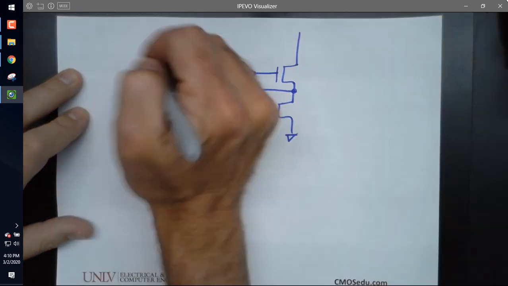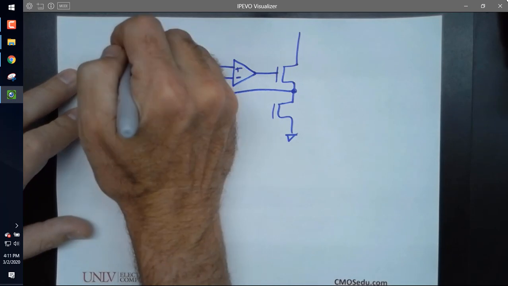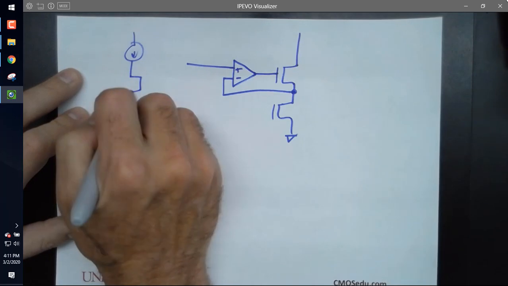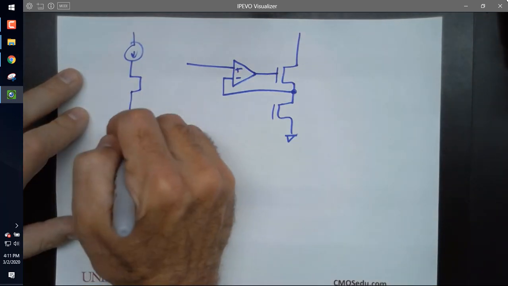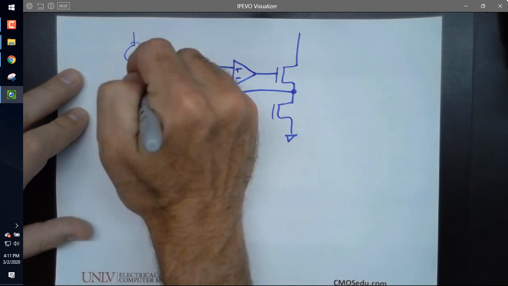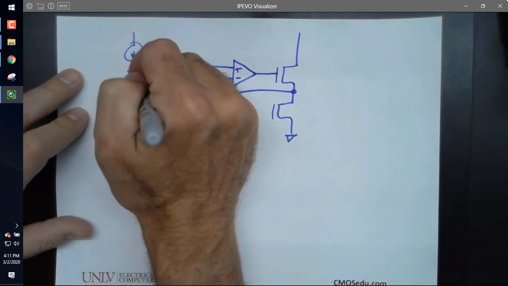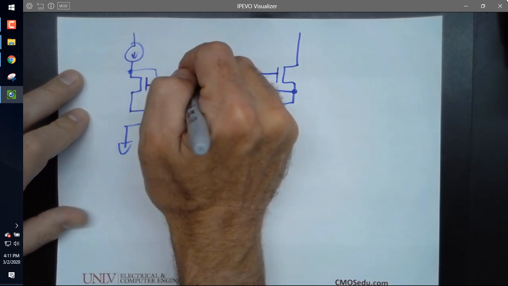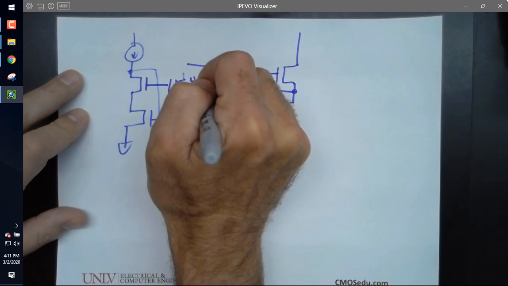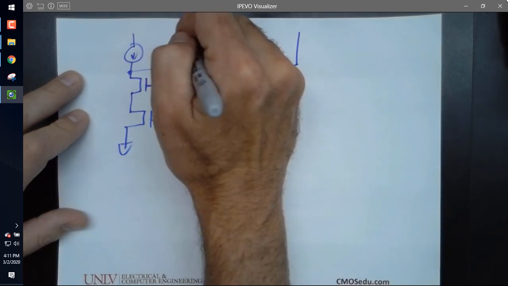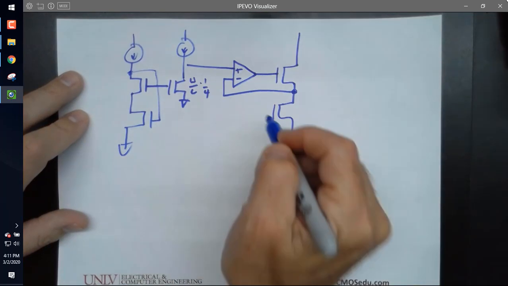I'm going to have a current here that goes down, and then this I'm going to put to a longer L device. I'll just put it like that so you know. Okay. There's my bias.